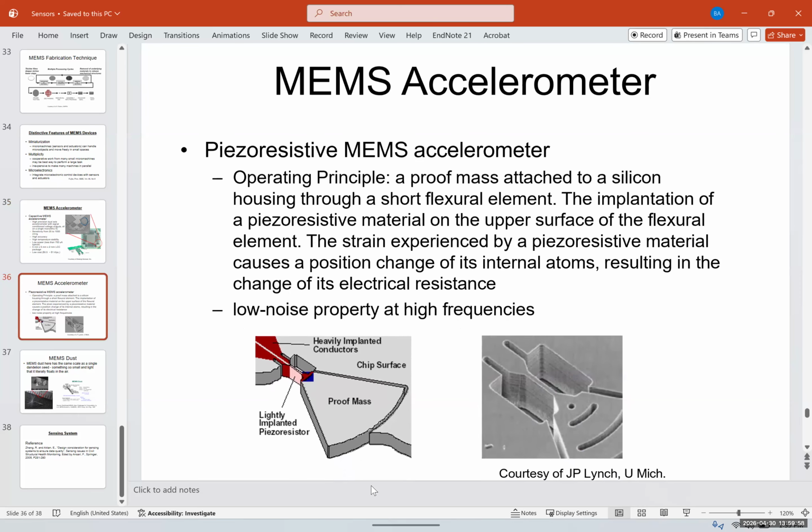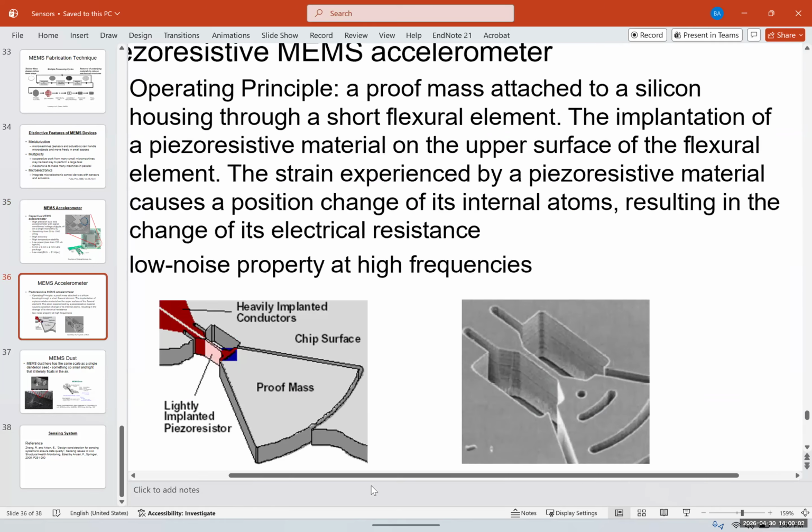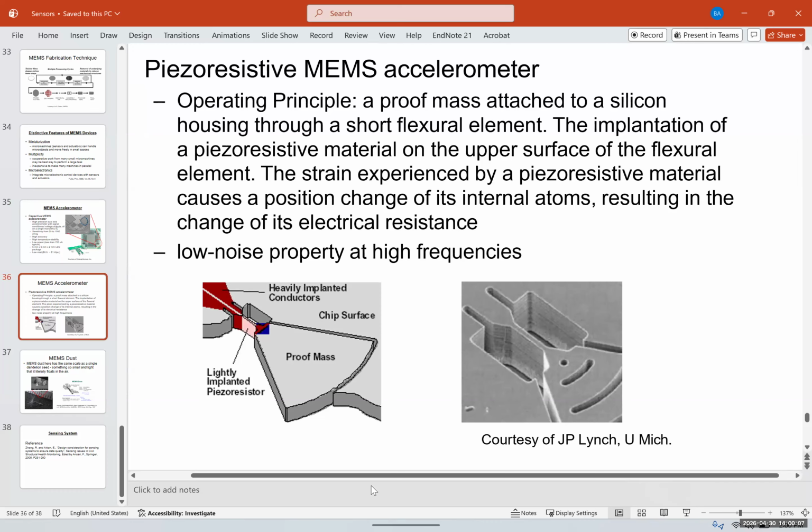Another type is called the piezoelectric MEMS accelerometer. You can see it's like a weight, a mass that we have, and we have a lightly implanted piezo resistor.